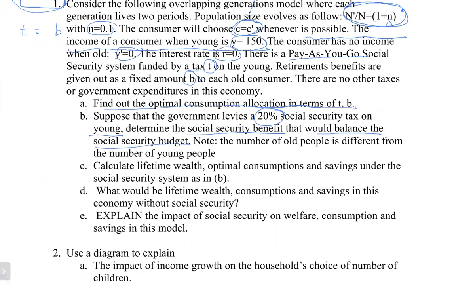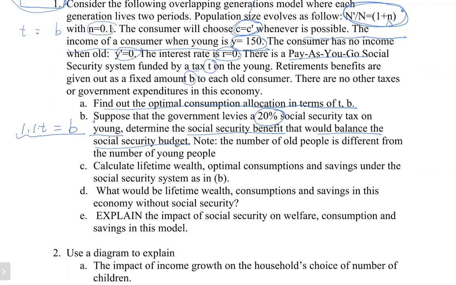The key to answer that part is the equation we just derived: 1.1 T equals B. Where does 1.1 come from? It comes from the population growth. At each time period, the relative size of young is 110% compared to old. That's why we have this equation.